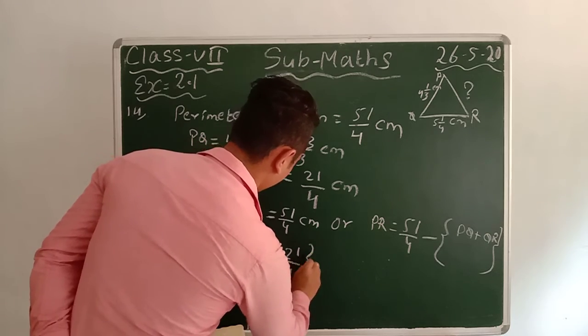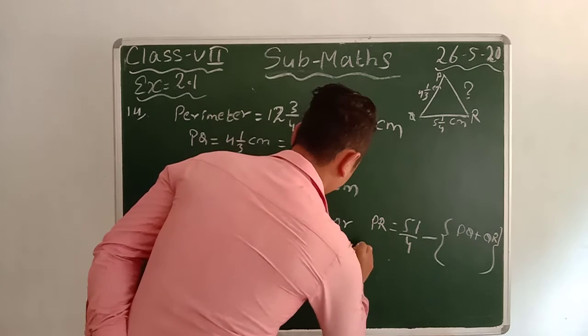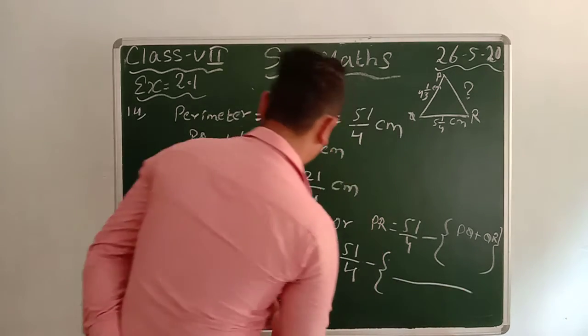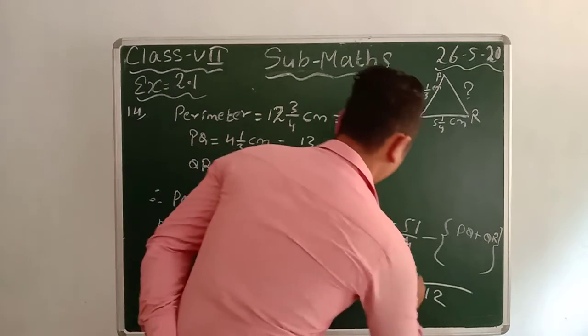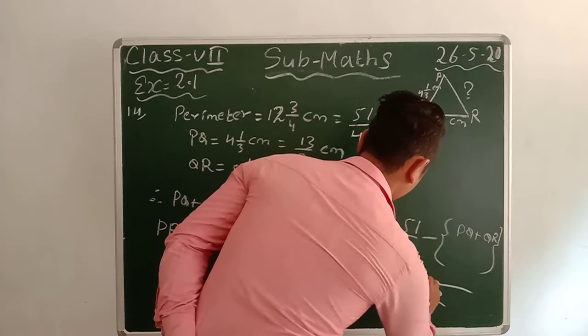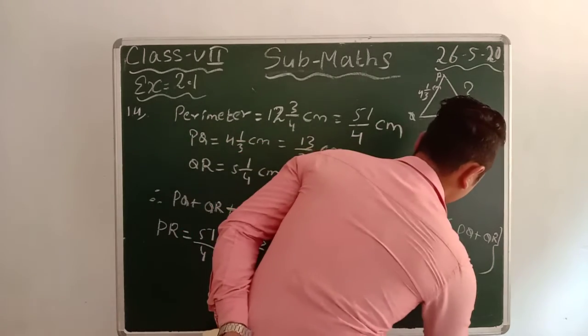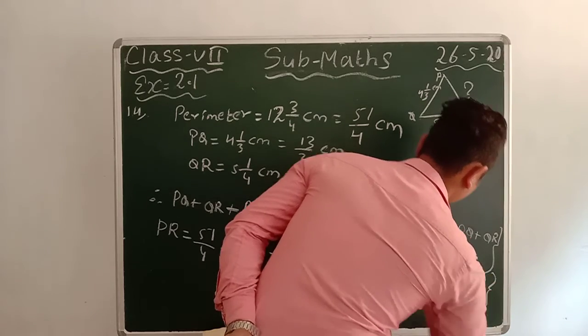This much. So 51 by 4 minus, taking LCM of 3 and 4 which is 12, 3 4s are 12, so 4 into 13 plus 4 3s are 12, so 3 into 21.